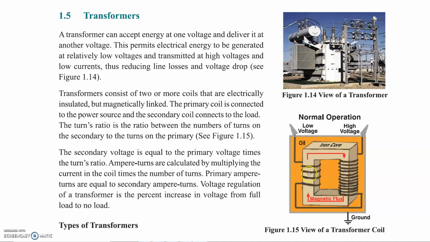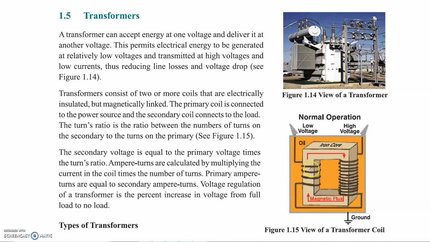If the primary side has 5 turns and there is a current of, let's say, 10 amperes flowing through it, then how much will the secondary side current be? That we have to find out.